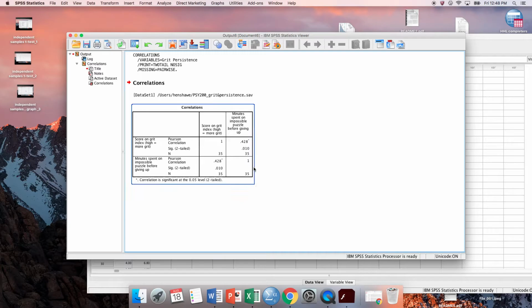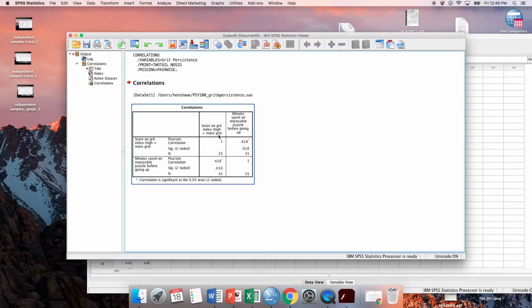Now I notice that my correlation is set up so that it's a bit of a matrix. Since I only have two variables here, there's really only one piece of data to look at. However, often when we're doing a correlation table, we might have 5 or 6 or 7 variables that we want to look at together. So this becomes really useful to look at all the correlations in one spot.